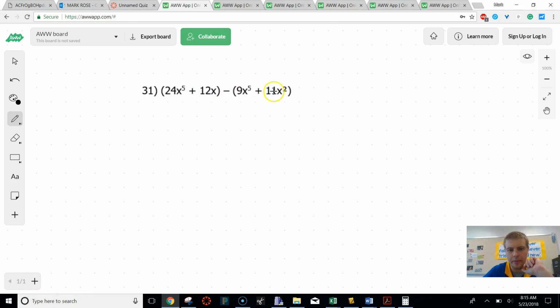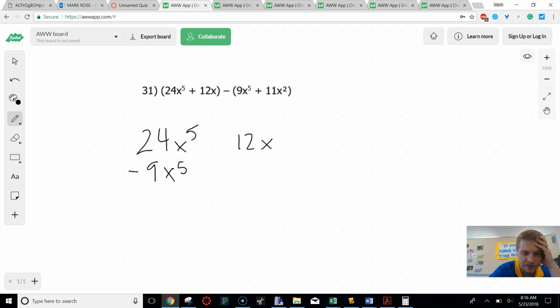For this one, if you remember, what I told you is you want to stack these things because it makes it a little bit easier. So this would be 24x to the 5th minus 9x to the 5th. And then we'd have 12x, but that doesn't have anything to minus. And we would have 11x squared in there that doesn't have anything to minus.